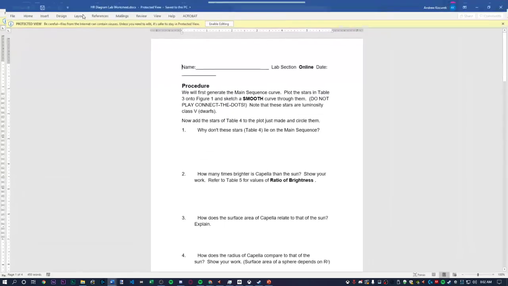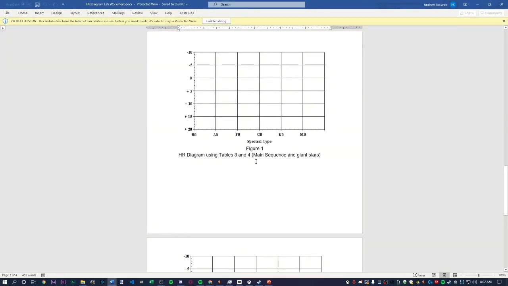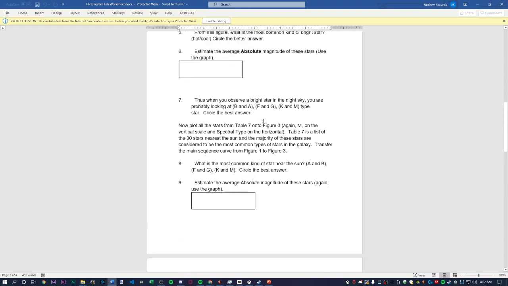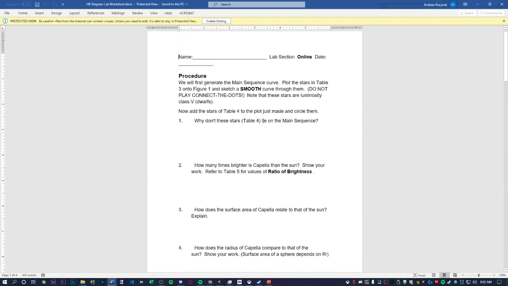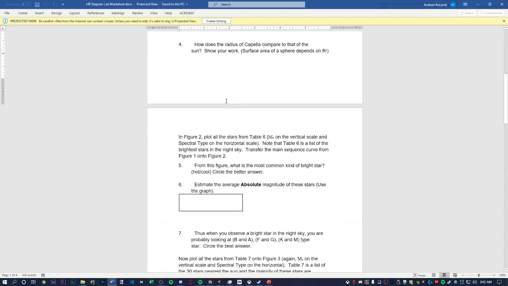There are not a ton of questions on here, but there are three graphs that you need to know. The questions you will want to answer afterwards.